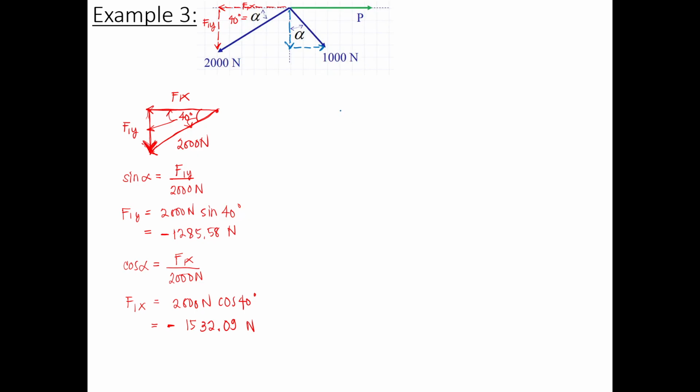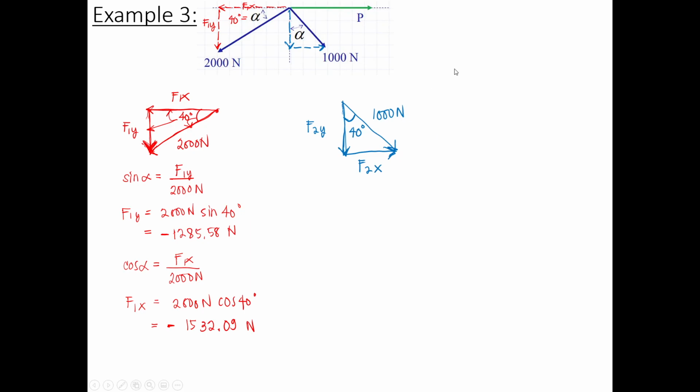What we have here is your triangle, going down, going right, and this one is your 1000 newtons. This one is F2y. This one is F sub 2x. And this angle here, alpha, is your 40 degrees.